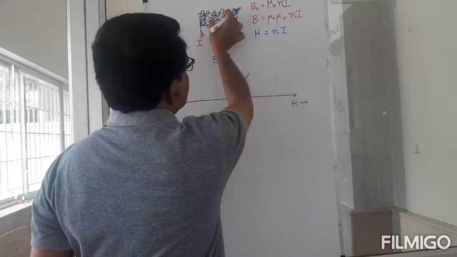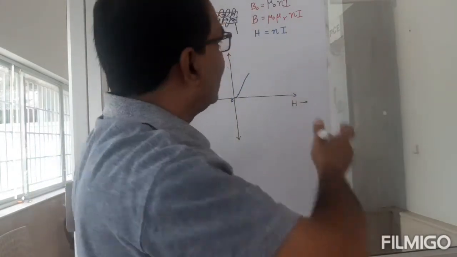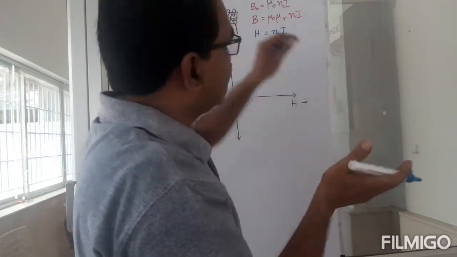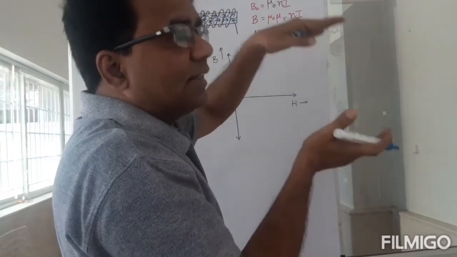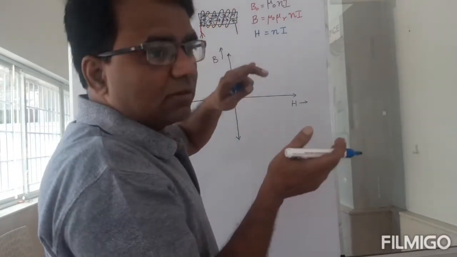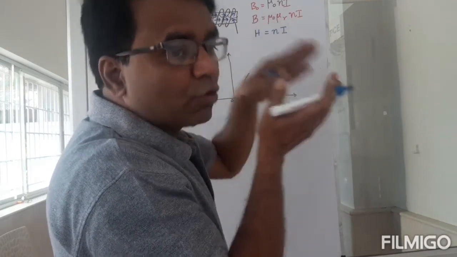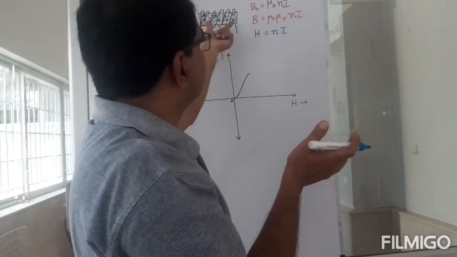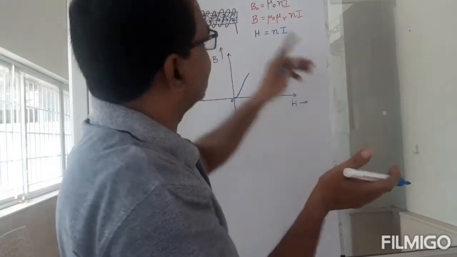So I keep increasing current, and more and more domains get aligned with the magnetic field, because the applied magnetic field strength is increasing. More and more domains in the piece of ferromagnetic material are also aligning with the field.